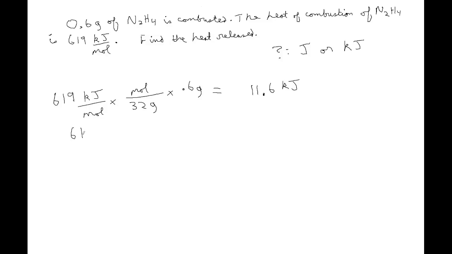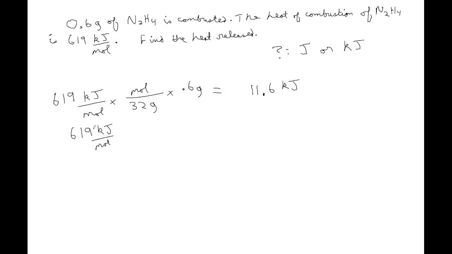What does this number, how would you interpret this number, 619 kilojoules per mole? What does that tell us? Well, if there was a degree Celsius, then I would say that for every 1 mole of N2H4, it takes 619 kilojoules to raise it 1 degree Celsius, so... Okay, but we don't have the degrees Celsius, so we have to interpret it in terms of its actual units.